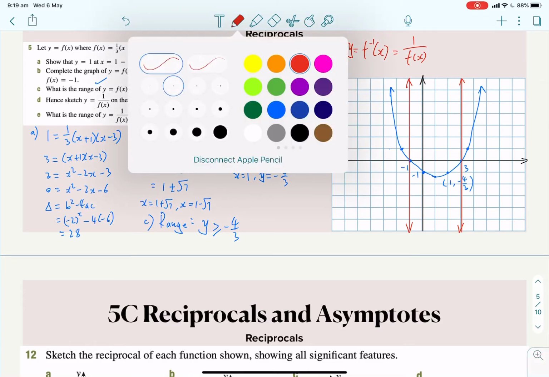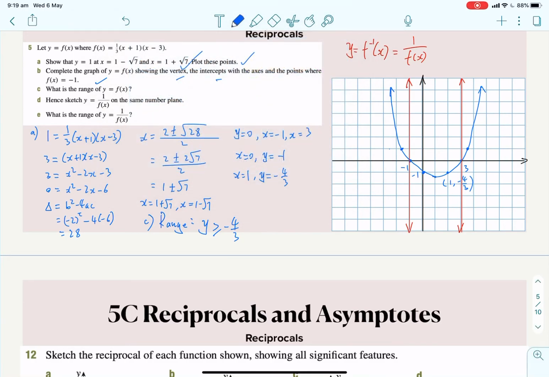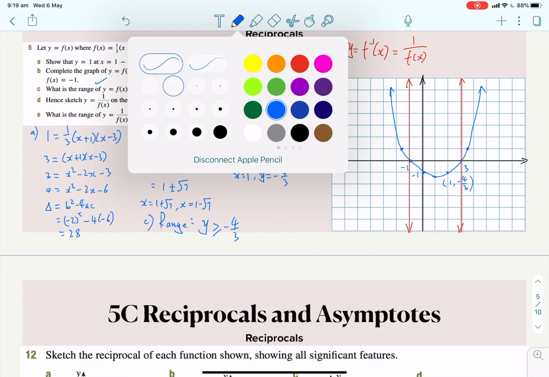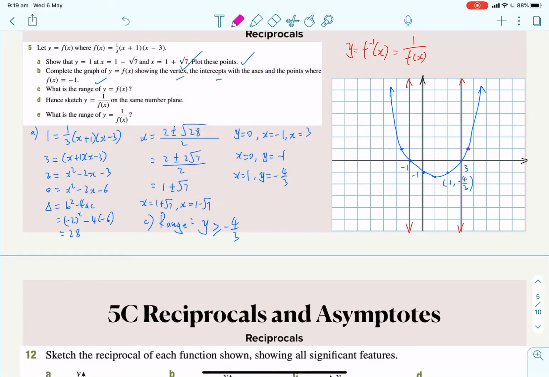Great. Now, that's why we need to work out these two dots. Let me get a different color, pink. That's why we need to work out y equals 1, because that is the intersection between the original graph and the new graph. Anything between the asymptote here and this dot here will be a graph that gets really close to the asymptote.